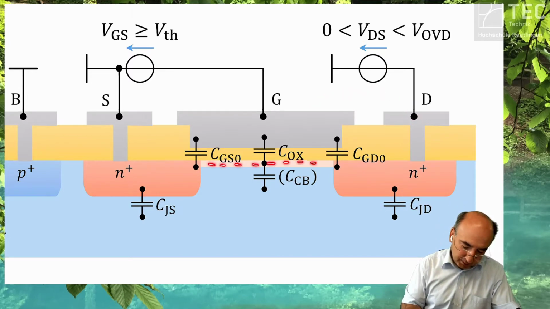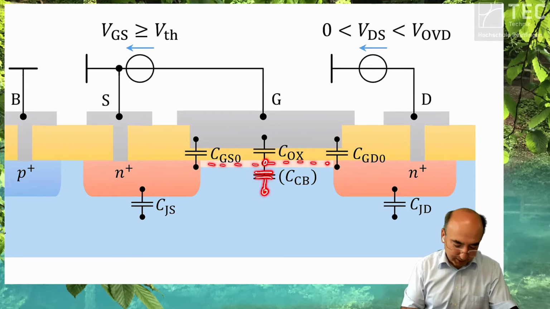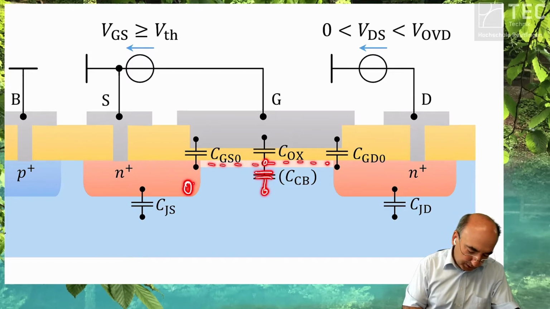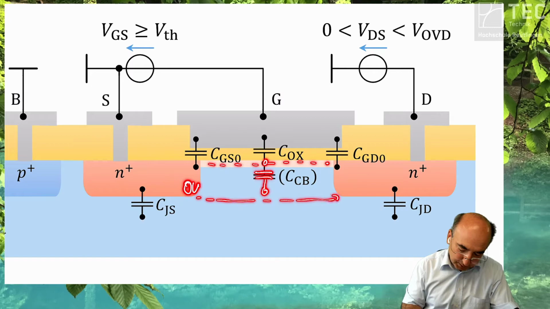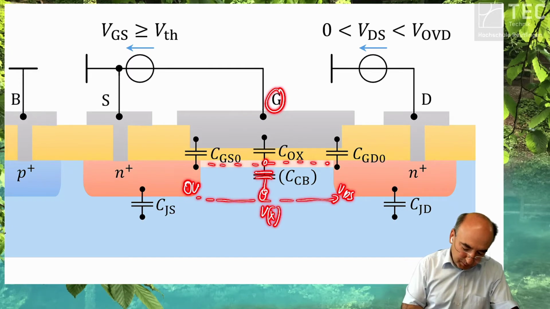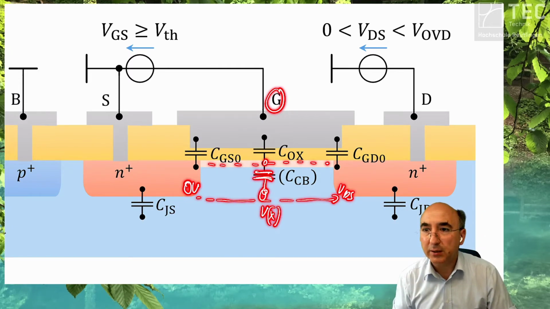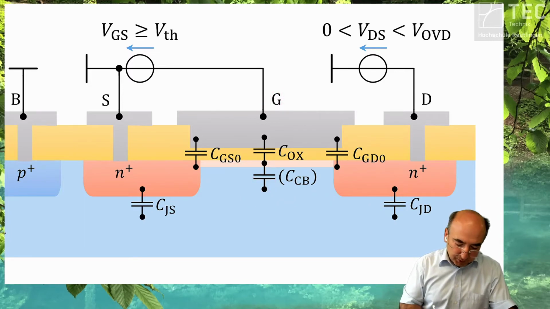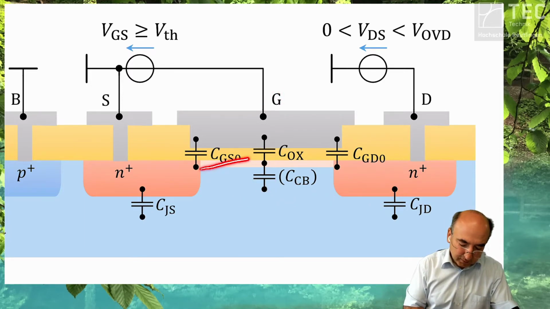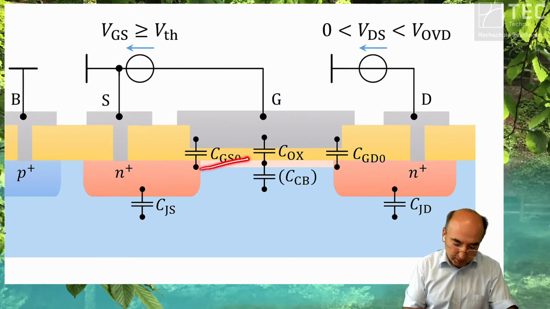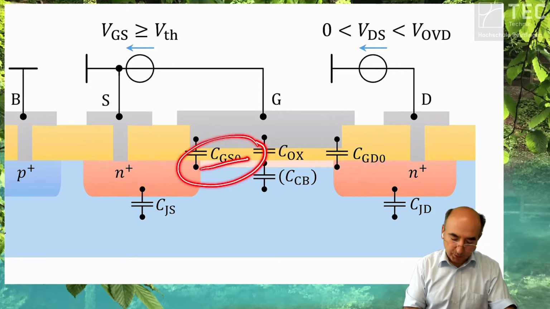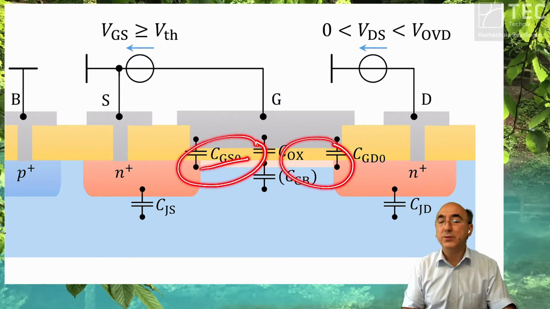We have additional capacitances. If you have a channel here, this channel has a capacitance to the bulk. Why do we have a capacitance to bulk? Here we have 0 voltage, but here we have VDS, so here we have Vx. So we have a capacitance from the gate to this point through this channel. And if your channel is pinched off, then most of it is linked to the source and almost nothing is linked to the drain.